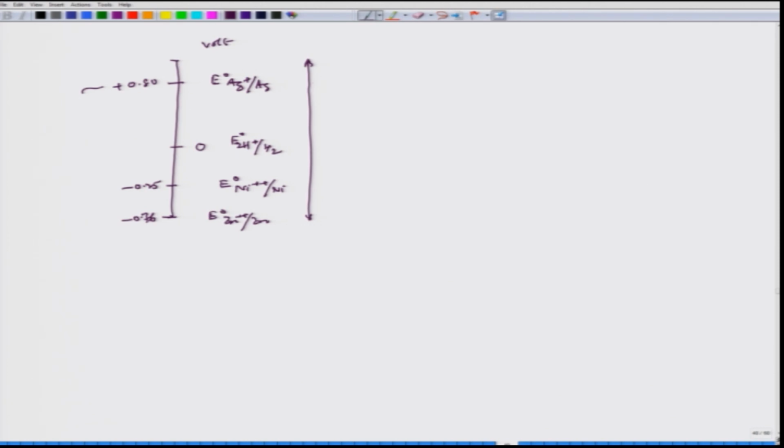Interestingly, as we have seen, if you put a zinc plate in HCl, we see hydrogen bubble formation. At that time the reduction reaction is H2 formation and the oxidation reaction is zinc going to Zn2+.